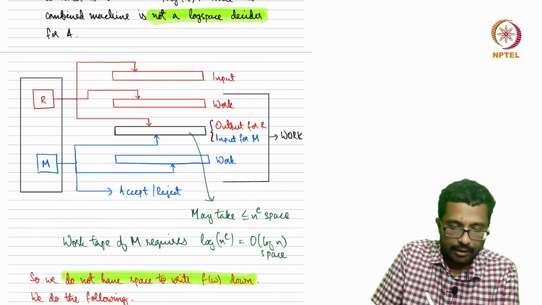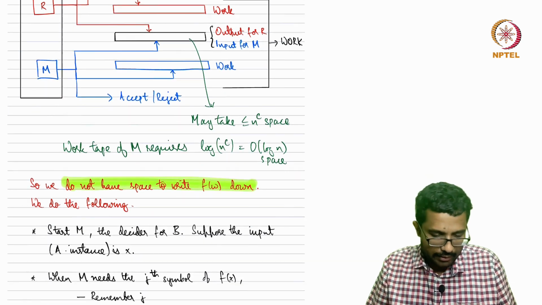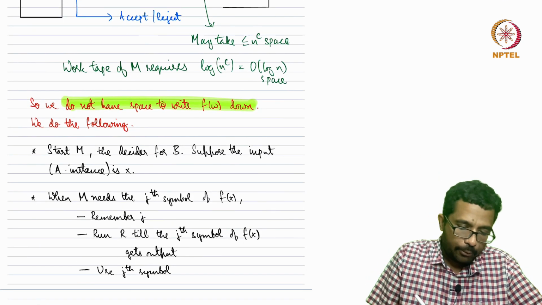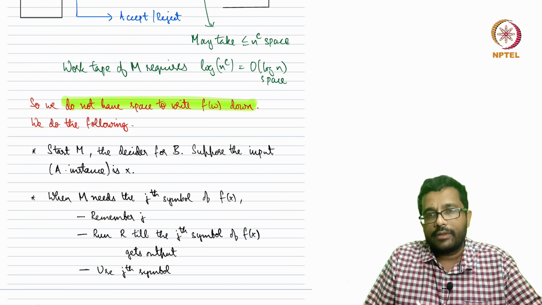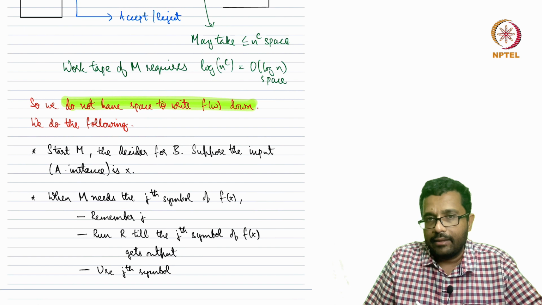Once we have the 10th symbol of the input of M, we continue M till the next symbol of f of x is required. So this is the algorithm. We start M, which is the decider for B. Now suppose the input is X. Whenever it needs the jth symbol of the input, the jth symbol of f of x, we remember the j, whichever it is. So j could be 10, it could be 20, it could be 15.